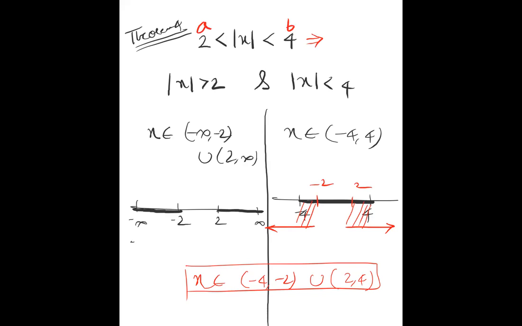Okay, so I would write implies that X belongs to minus B minus A union, because this is B minus B, this is minus A, this is A, this is B, union A comma. This is a direct shortcut for solving such problems. Okay, if you can remember. Okay, note it down. This is theorem 4. First part of the theorem 4.